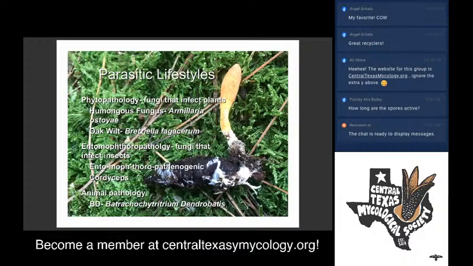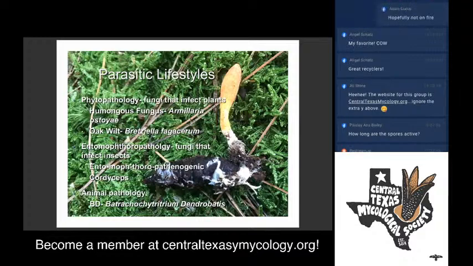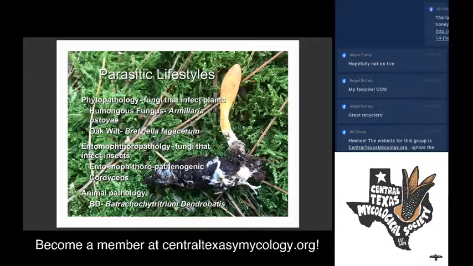I'm going to just say February through July. That's when we need to be careful about pruning your trees. Just avoid it, or if you do have to prune, you need to cover up your wound with something.